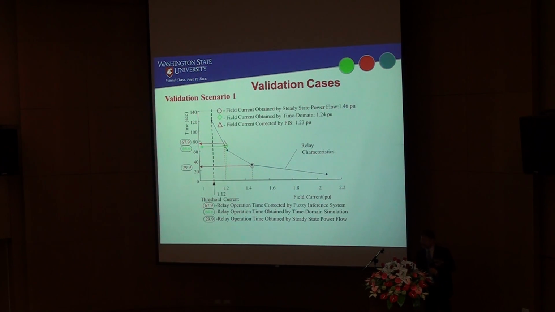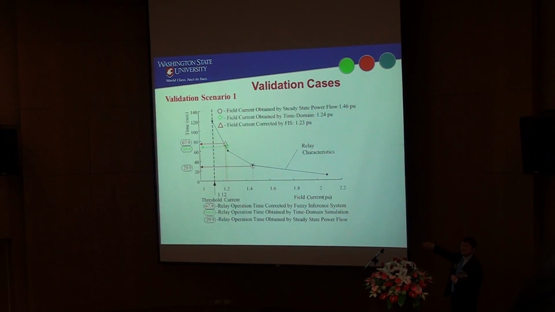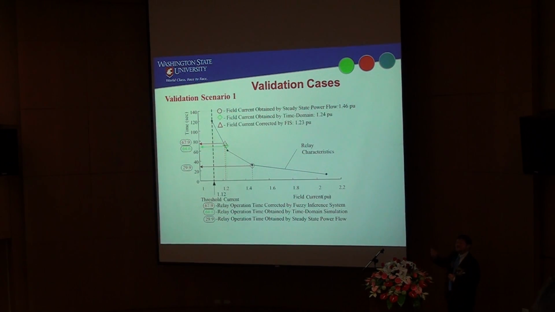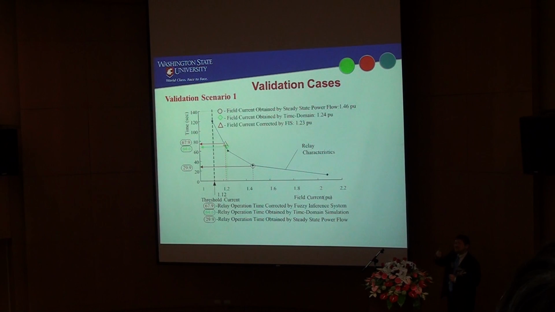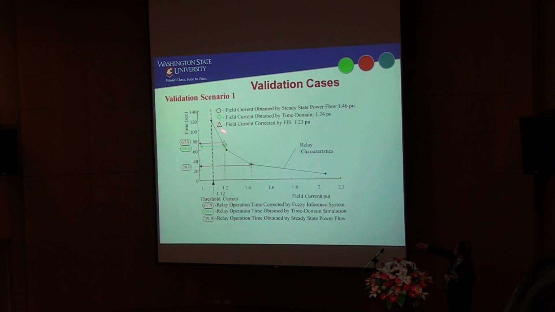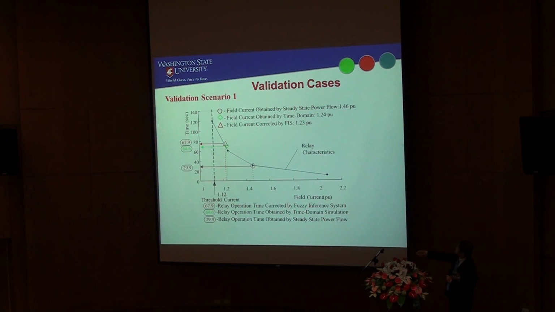So case 1. In this case, we see the relay characteristic again. This is the overcurrent protection part of the generator, of the excitation of the generator. So if you look at overcurrent, there's a threshold. This dotted line is the threshold.